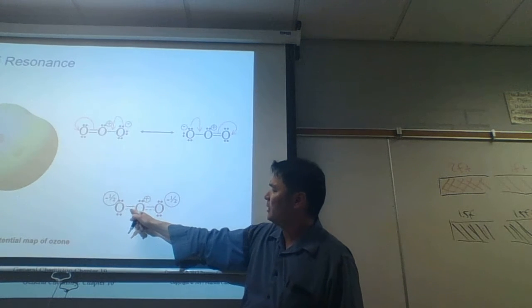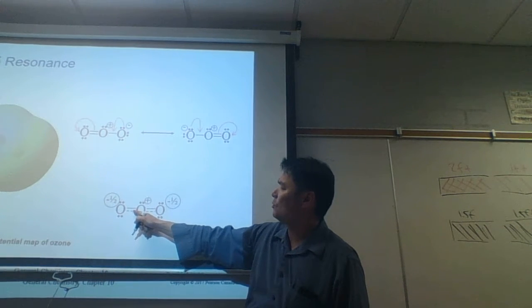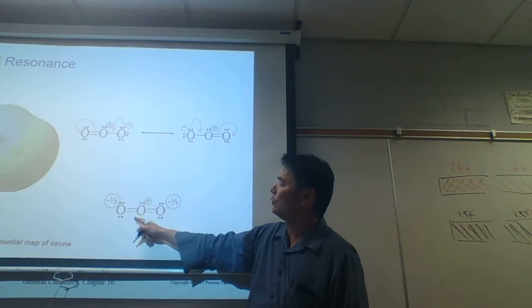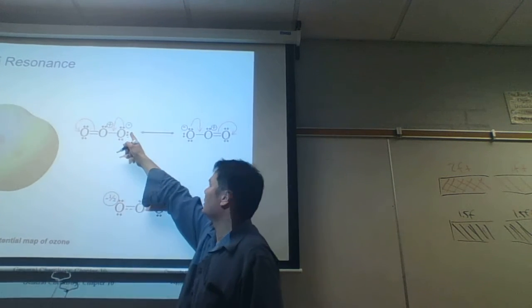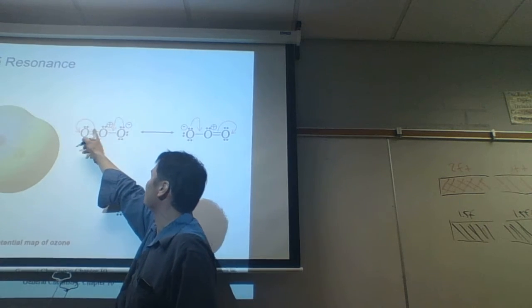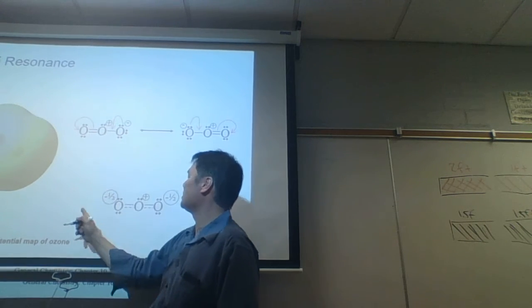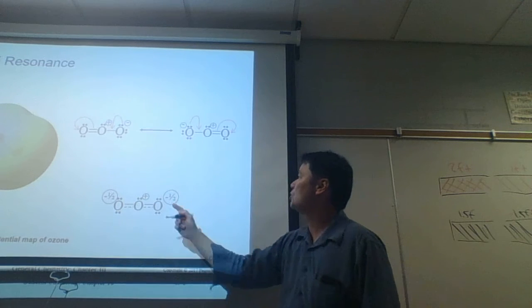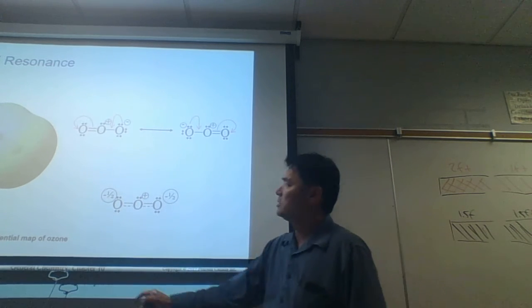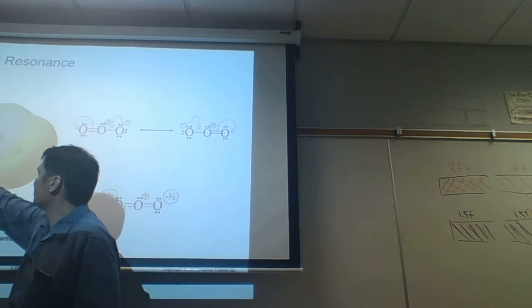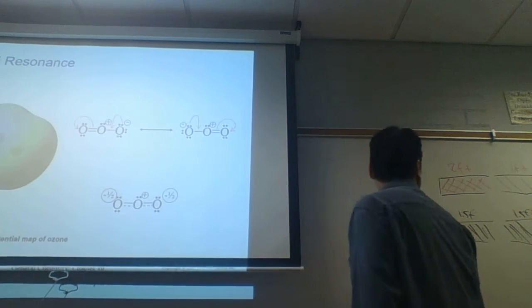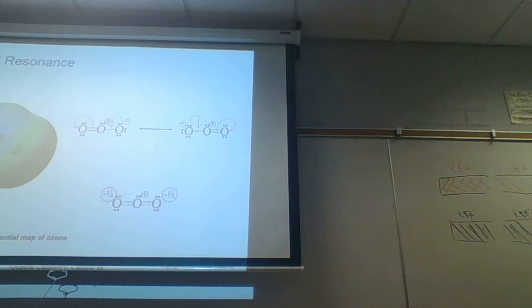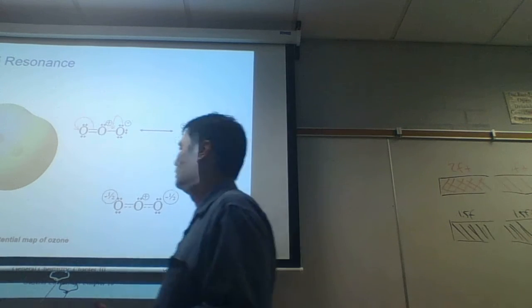And so rather than being a double or a single, it turns out to be a 1.5 bond, or a bond order of 1.5. And then when I look at the negative charge, it is distributed over 2 atoms. So each atom is going to have a negative 1/2 charge here. And so you can just see the slight red, and it's very symmetric here, and then the slight blue here. And so that's the hybrid structure.